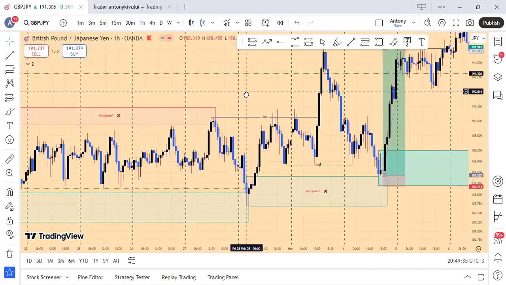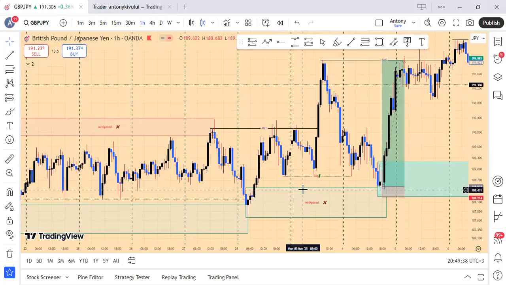So this is this pair that we call GPP JPY.